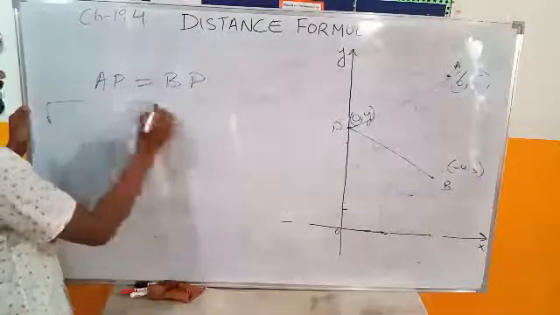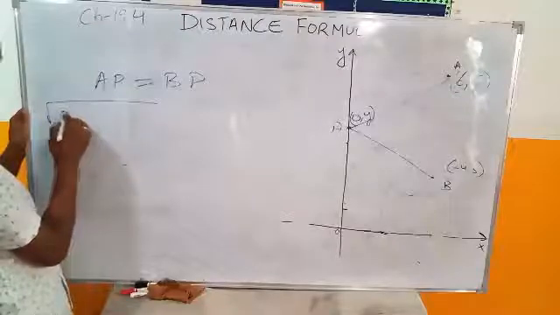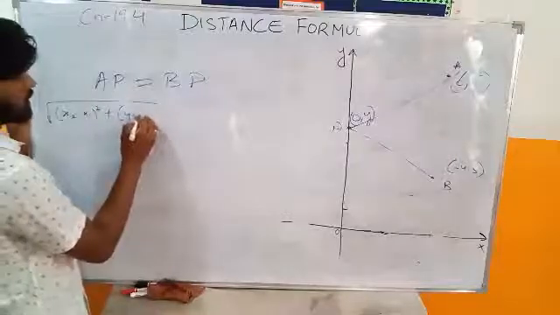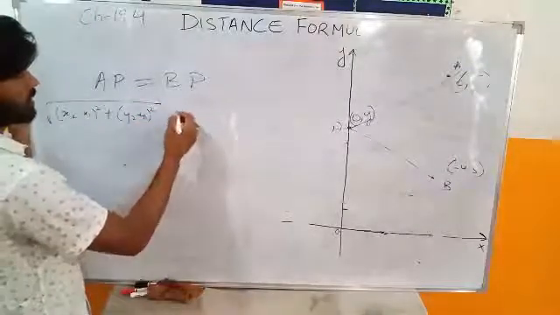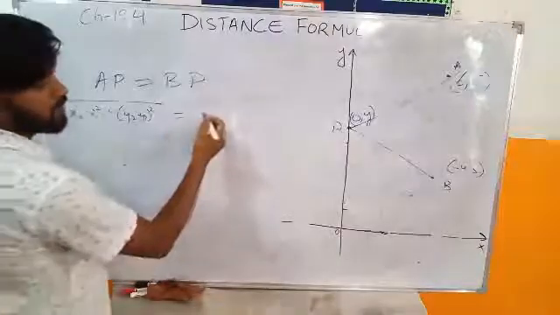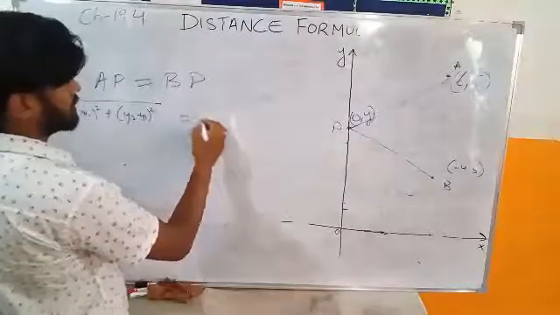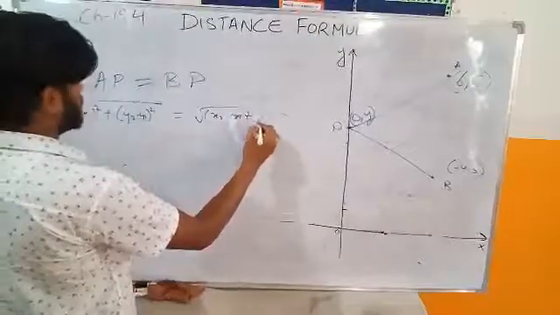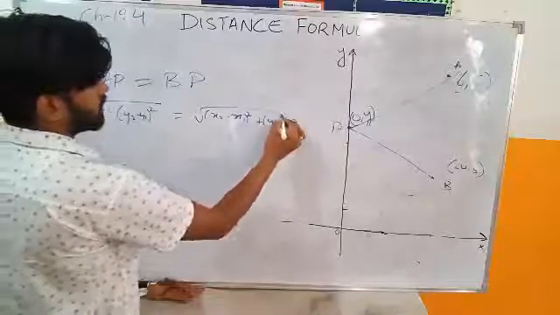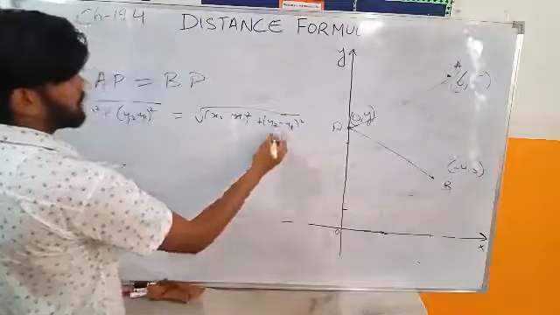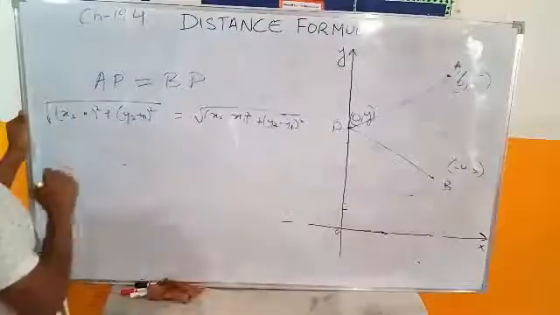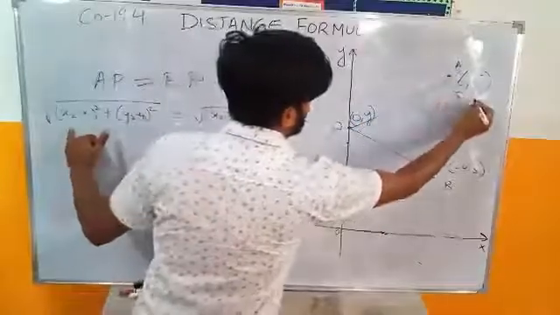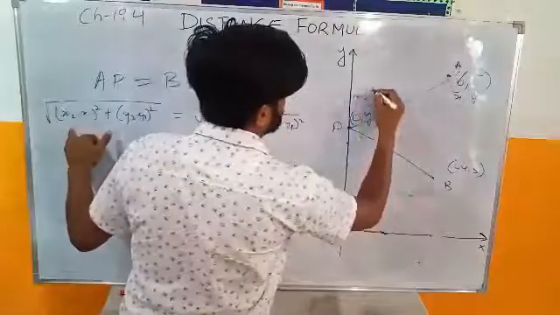The distance formula for AP is the square root of (x2 minus x1) whole square plus (y2 minus y1) whole square, equals BP. For BP, the same formula I'll be putting: the square root of (x2 minus x1) whole square plus (y2 minus y1) whole square. Now, what are x1 and x2 in this? If I take AP, this is x1, this is y1, this is x2, this is y2.